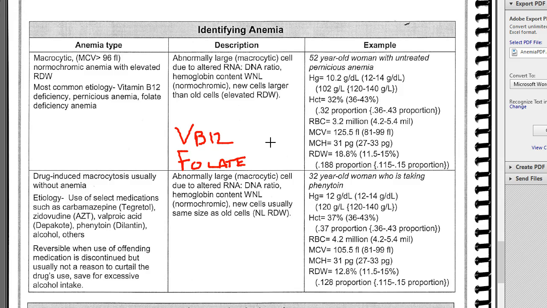But whoever's doing that is actually really wrong in the way that they're prescribing it, because a dose greater than 100 micrograms in a single injection really exceeds the binding capacity of transcobalamin. And so the rest of it is basically just excreted and filtered out by the kidneys and goes out through the urine.